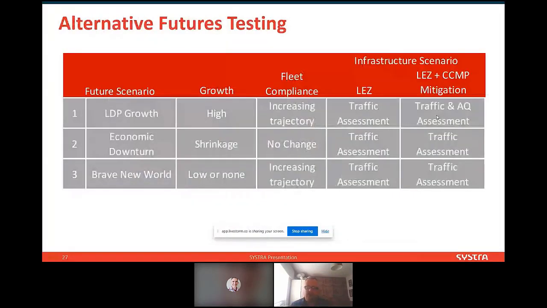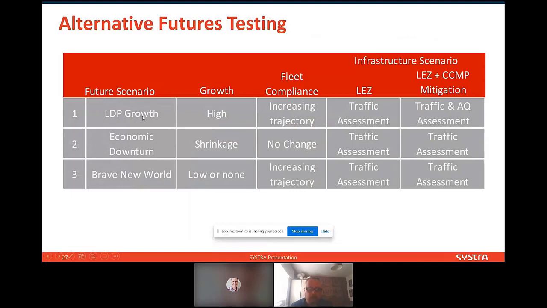Another key element, and this is a huge part of future modelling when we look at traffic modelling in the future, is alternative futures. This has all come off the back of COVID in terms of we don't quite know what the future is going to look like. So we assessed the low emission zone under different future scenarios.